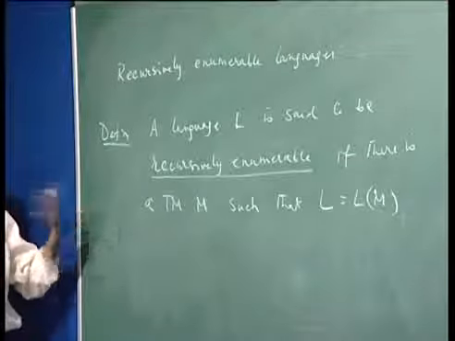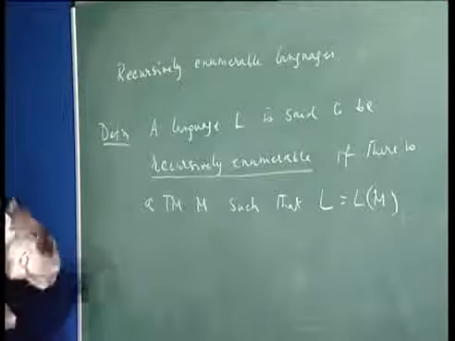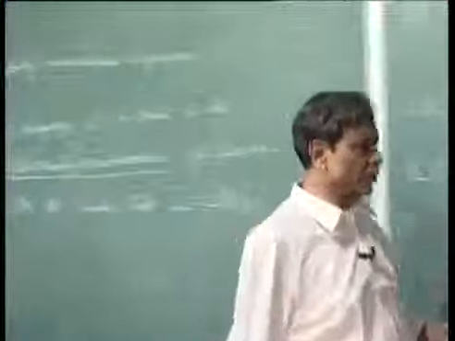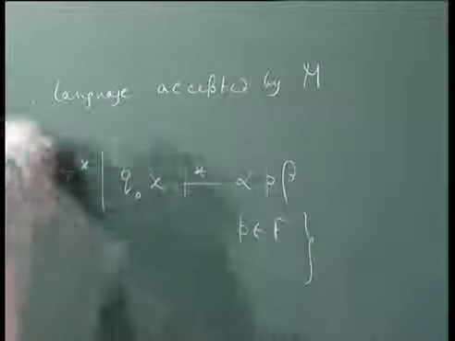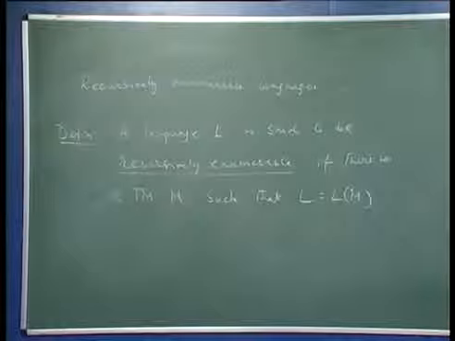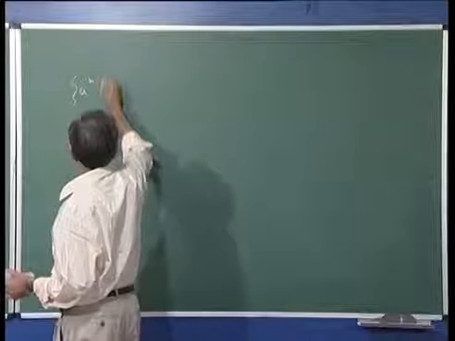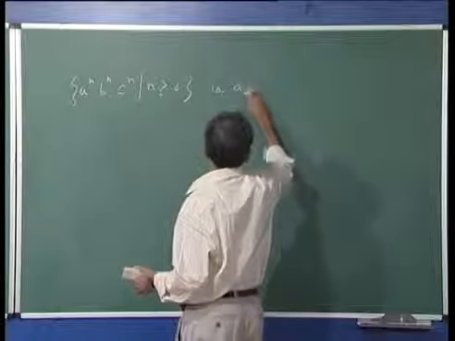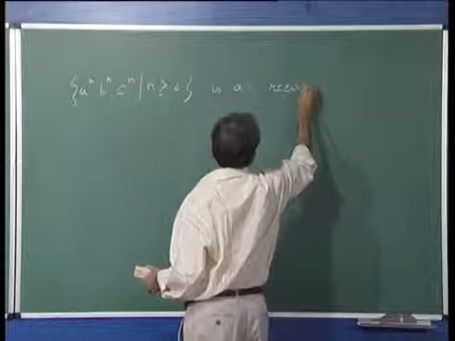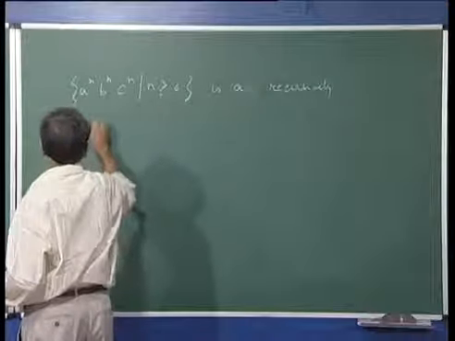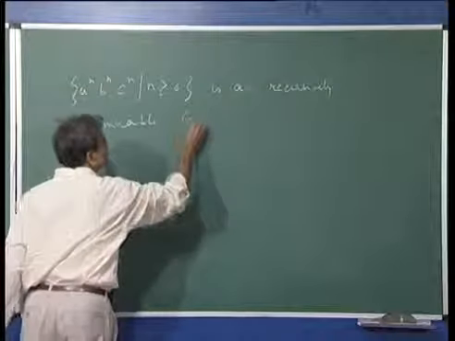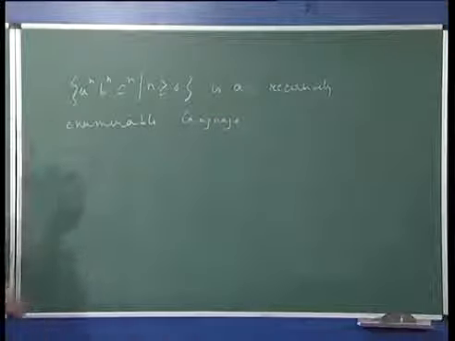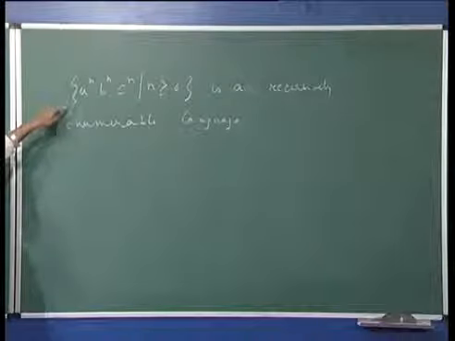And this is the class of languages which we will consider extensively in the next classes, but we already know from the first example that the language of equal numbers of A's followed by equal numbers of B's and equal numbers of C's is a recursively enumerable language, because we gave a Turing machine which recognized precisely this language.